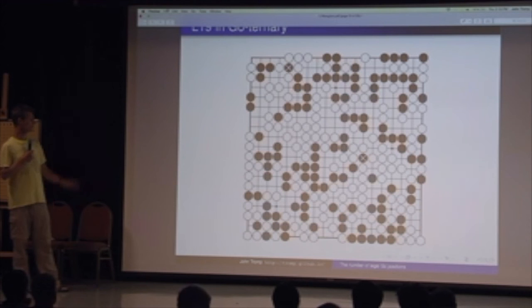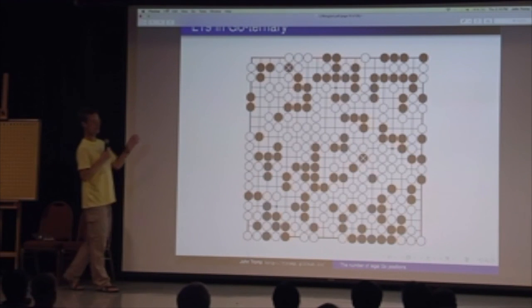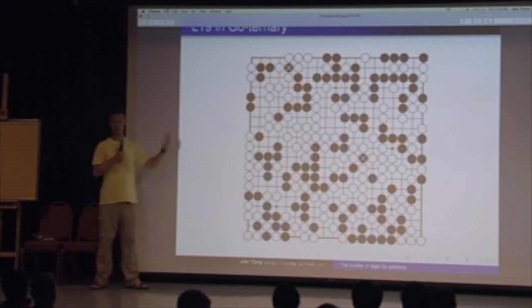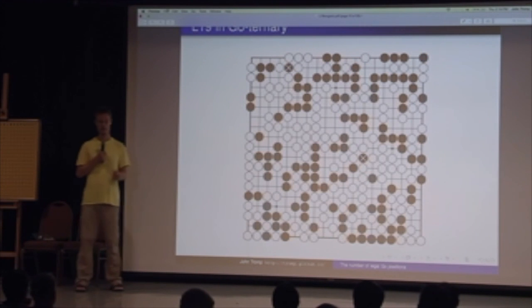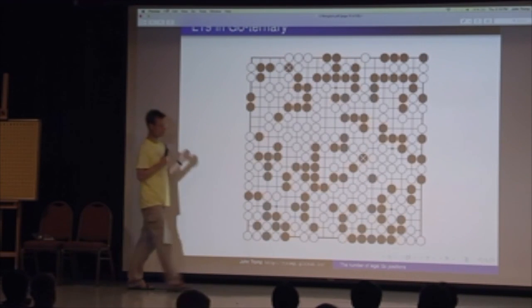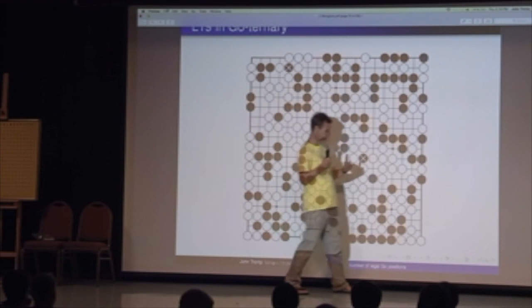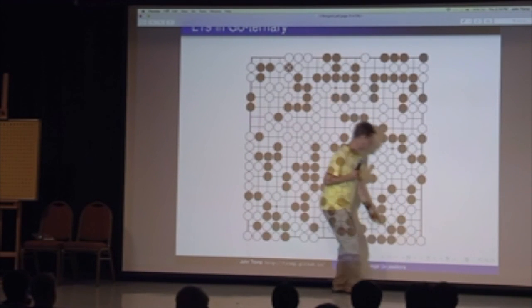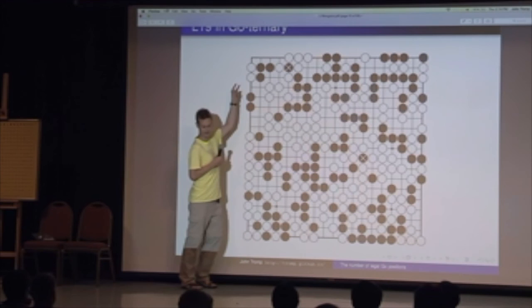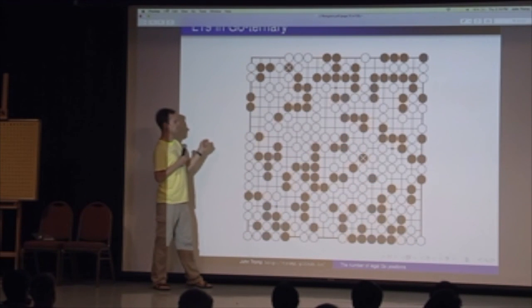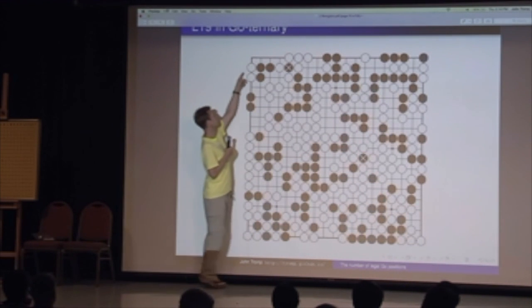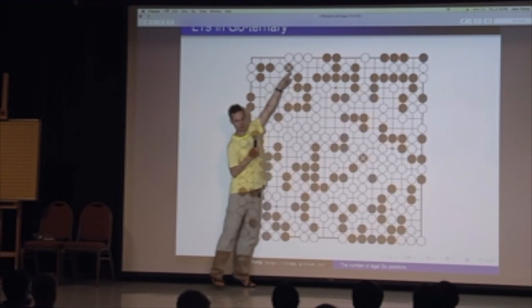If we take the number of legal positions and we divide it by the number of positions, 3 to the 19 squared, then you're just moving the ternary point from the end all the way back to the start. So you get a fraction. The fraction of legal positions is 0.0000222.